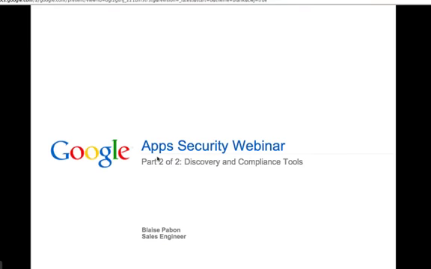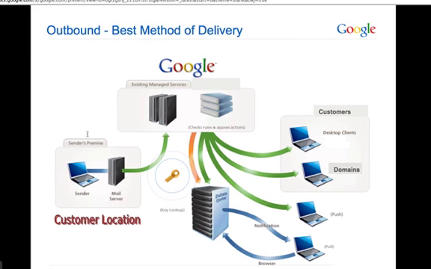Now let's take a look at the second part of this presentation, where we focus on specific examples in particular products. There are instances where you might need to get a particular message sent securely to some random internet destination. In that scenario, you can take advantage of Google Message Encryption.